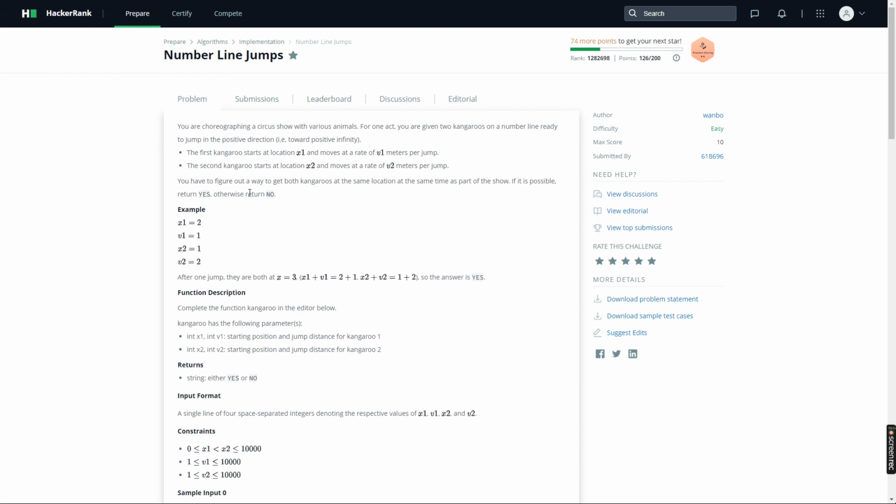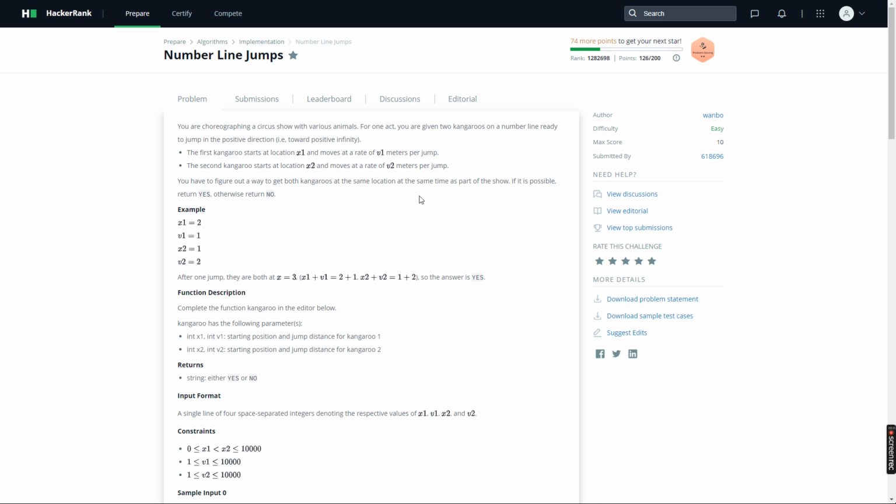So basically, we have two kangaroos. First kangaroo stands at point x1 and it jumps with the velocity of v1. And there is a second kangaroo, and we have x2 and v2 respectively for the second kangaroo. So, we need to figure out a way to get both kangaroos to the same location.